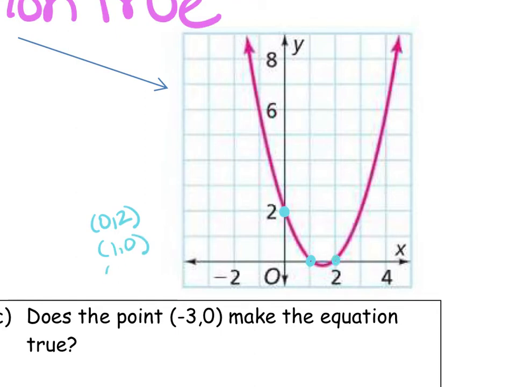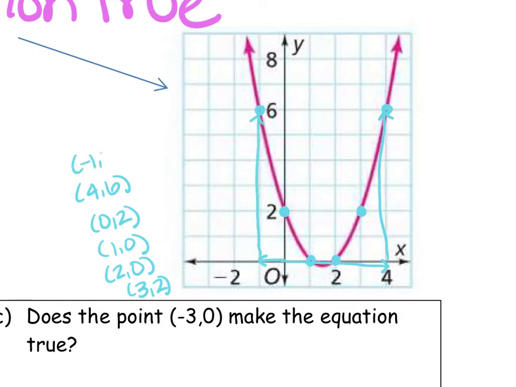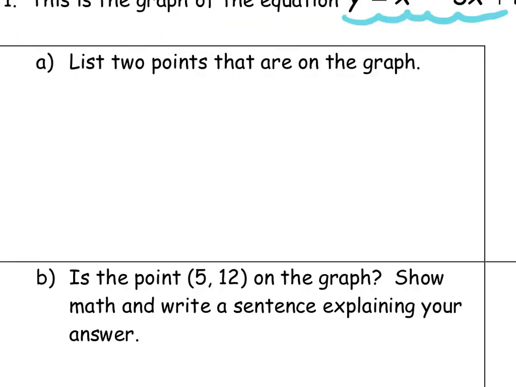This point, (2, 0). This point here, that's (3, 2). This is the point (4, 6). And I'll list this point as well, that is (-1, 6). So all of those points are on the graph. I'll just list them here on this note sheet.